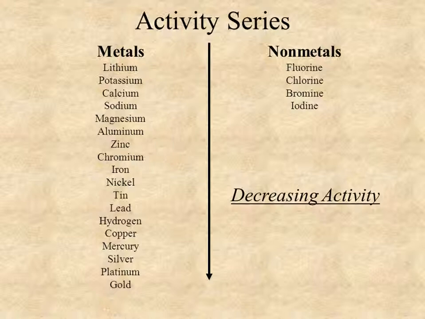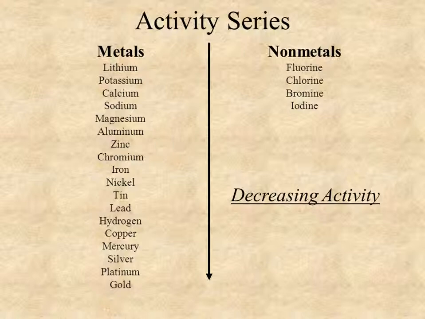Here you see your activity series. If you look in the metals column, you see at the top we have the alkali metals, lithium, potassium, then you have sodium, a couple more down from that. These are the metals that we would expect to be the most reactive. Towards the bottom you find some of your transition metals, silver, platinum, gold, typically very unreactive metals.